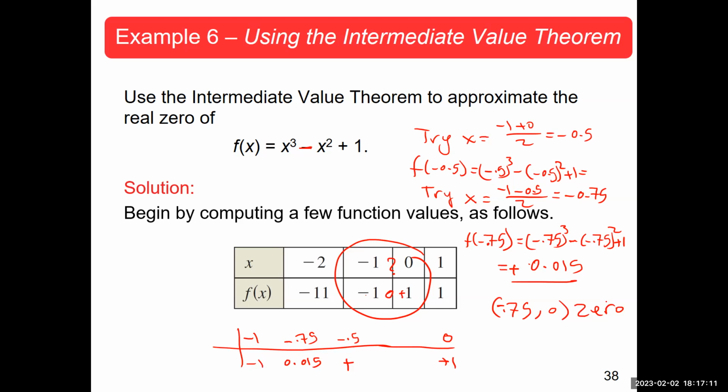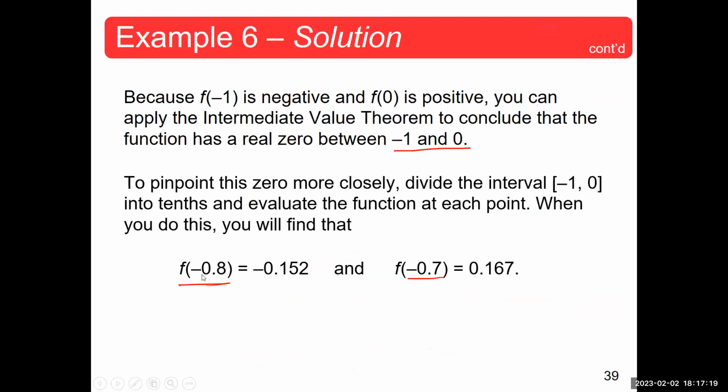It's not too hard. You see, a couple of trials, we got the answers. In the book, they did tell us it's between negative 0.8 and negative 0.7. But with the method we use, we got it immediately: negative 0.75.